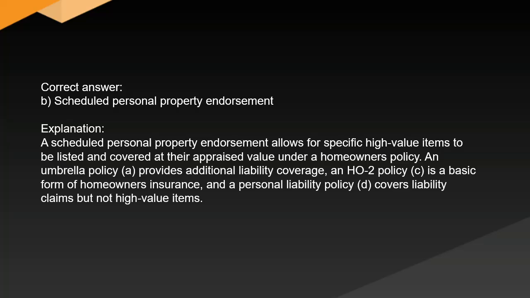Explanation: A scheduled personal property endorsement allows for specific high-value items to be listed and covered at their appraised value under a homeowner's policy. An umbrella policy (A) provides additional liability coverage, the HA2 policy (C) is a basic form of homeowners insurance, and a personal liability policy (D) covers liability claims but not high-value items.